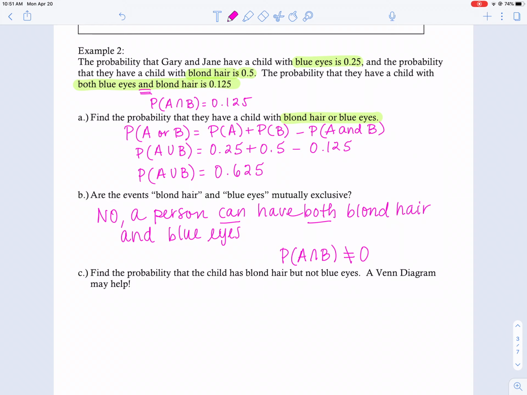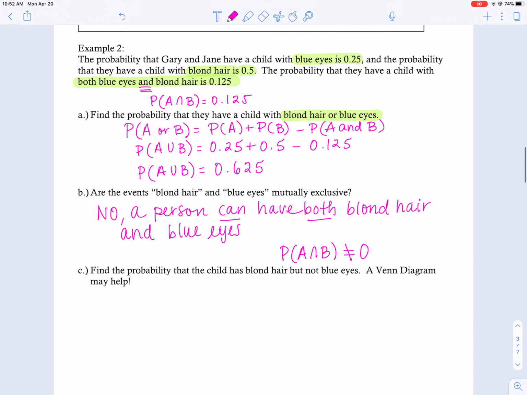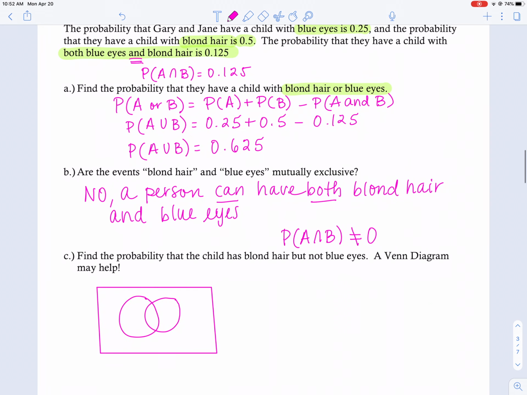Okay, so in the next one, it says find the probability that a child has blonde hair but not blue eyes. So this is interesting. Now, they're telling you to make a Venn diagram. So I'm going to just sketch a little Venn diagram for you. Okay, let's talk about these two. If I have this and this, right? And I'm going to make this blue eyes and this one blonde hair.